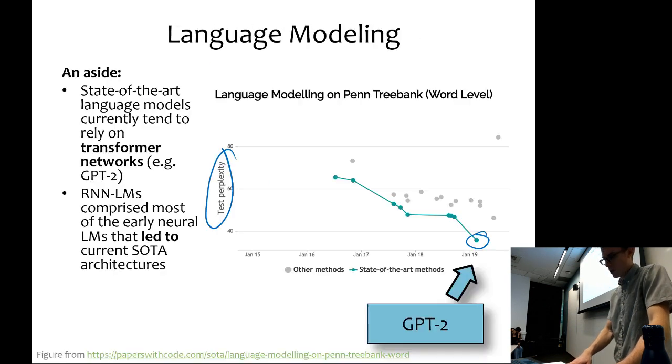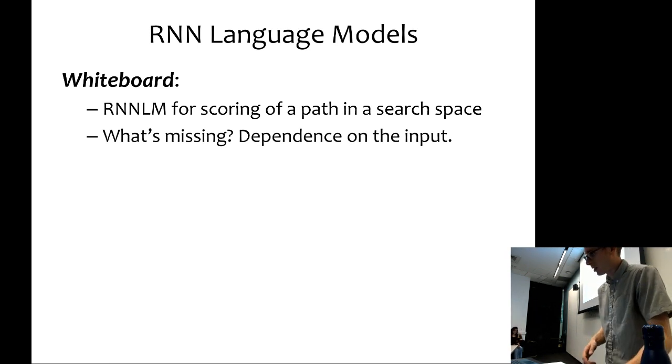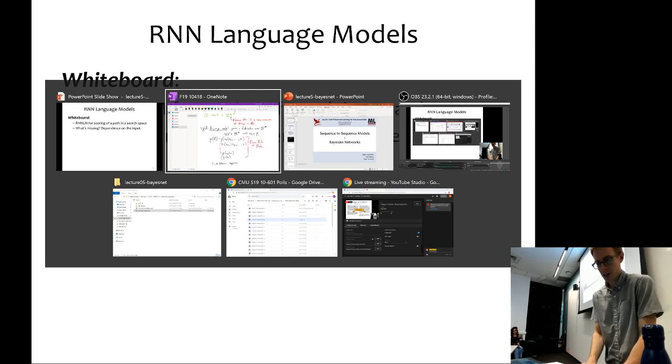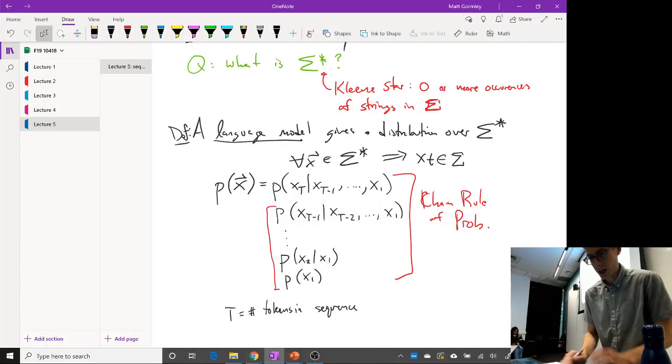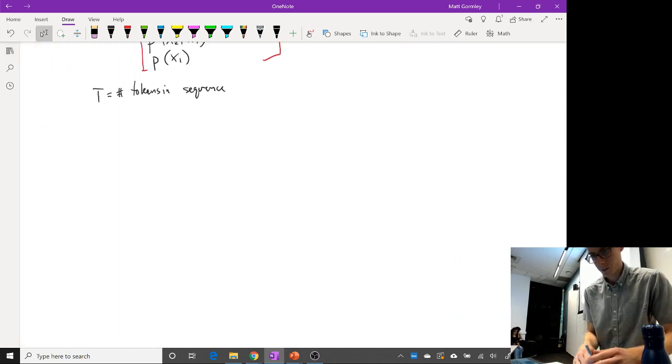Okay, so that connection is so strong that I actually want to take a moment to look at what it would look like to actually use an RNN-LM to score a path through a tree here.